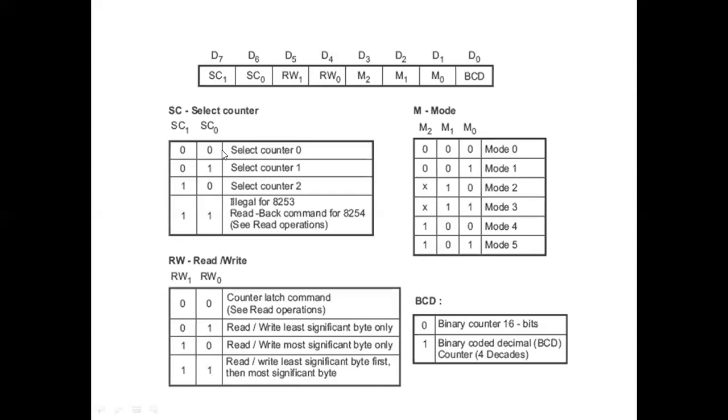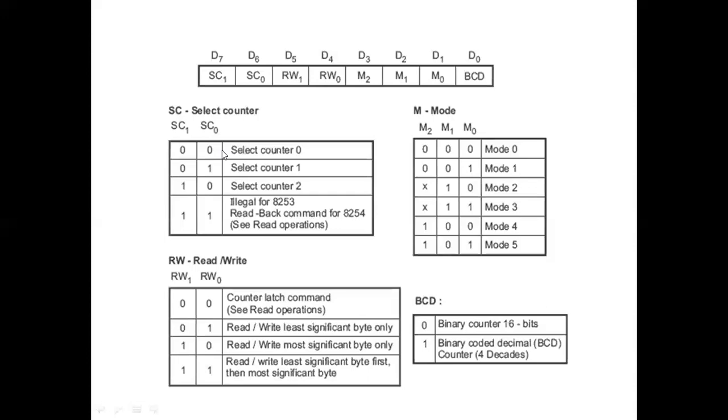When it is 01, read or write the least significant byte only. When it is 10, read or write the most significant byte only. When it is 11, read or write the least significant byte first, then the most significant byte.